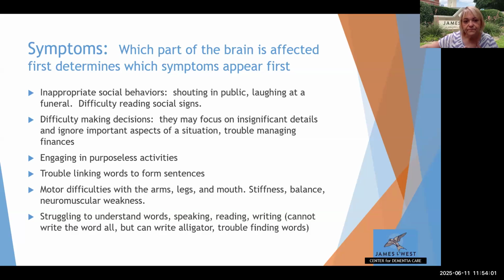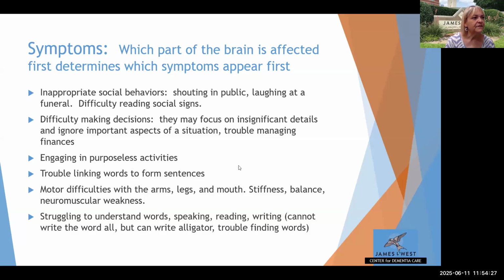The connection is what is missing. Where they may smell something that if we smelled smoke, we'd immediately go look to see danger. If we heard a siren going off or the smoke alarm going off, we would get up to go check it out. And it just might be an annoying noise to them.